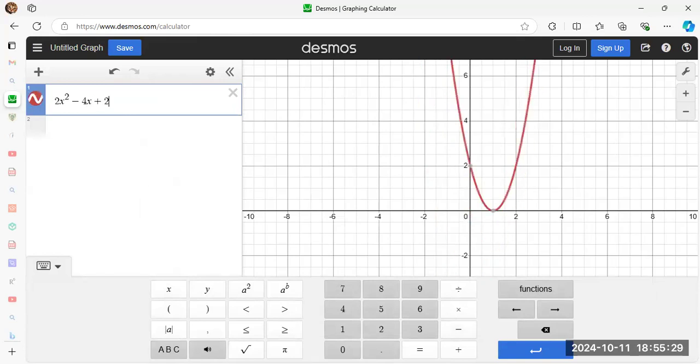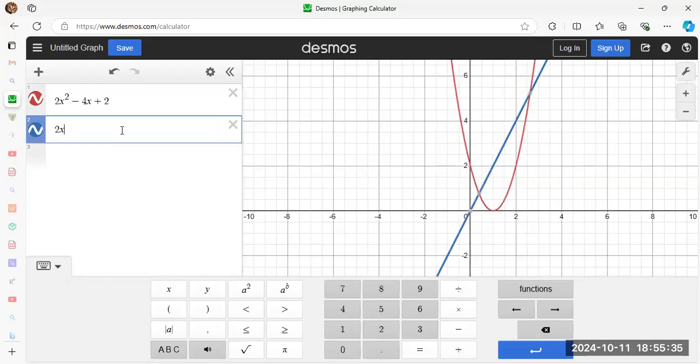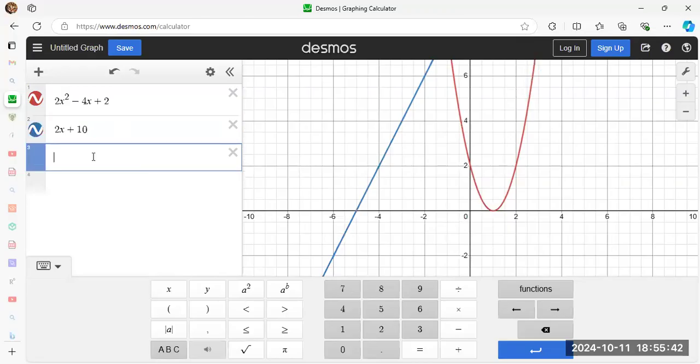Plus 2? Yeah. And then we had ax plus b down, and a was 2, right? So it's 2x plus, what was b again, 10? Yes, sir. And then the last equation was what? Anybody remember? All right, let me go back and look. 5x plus 7? Yes, sir. All right.